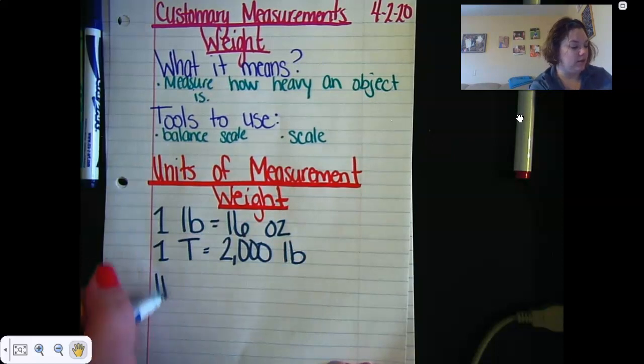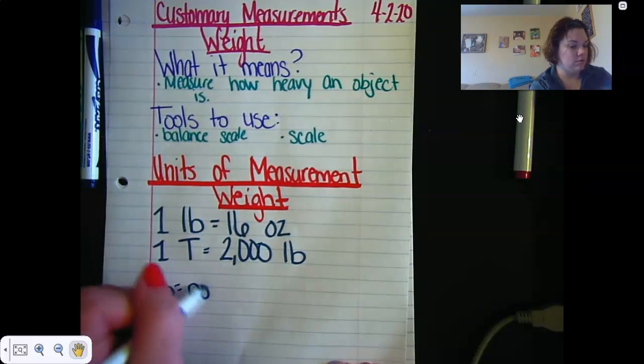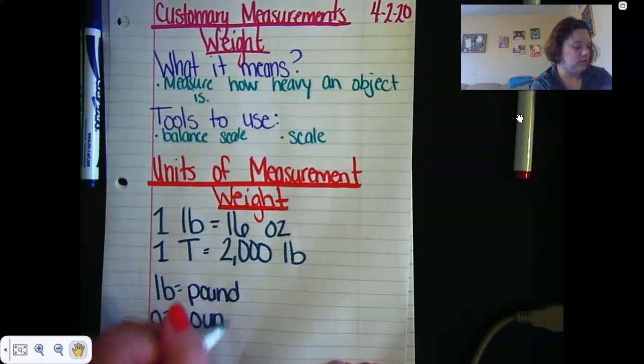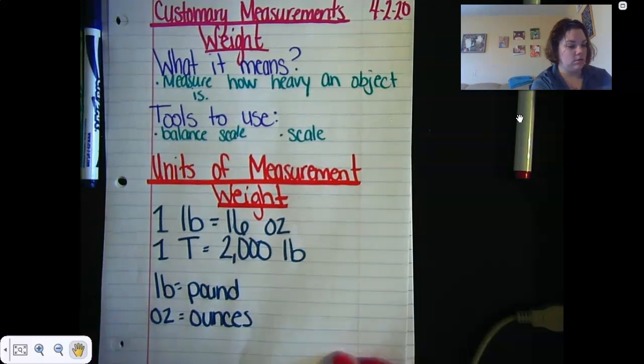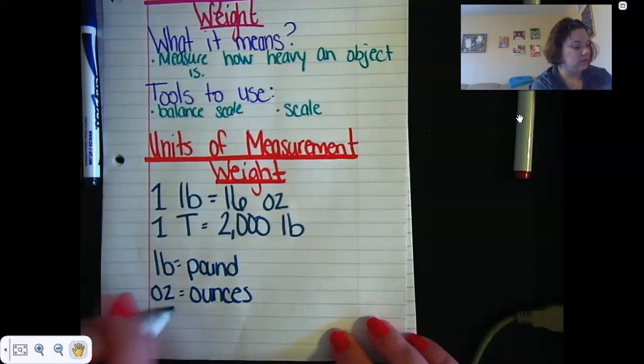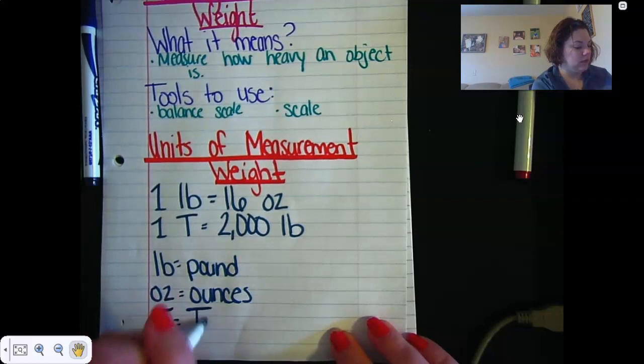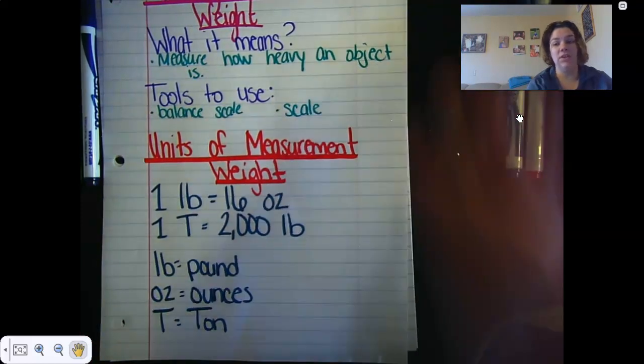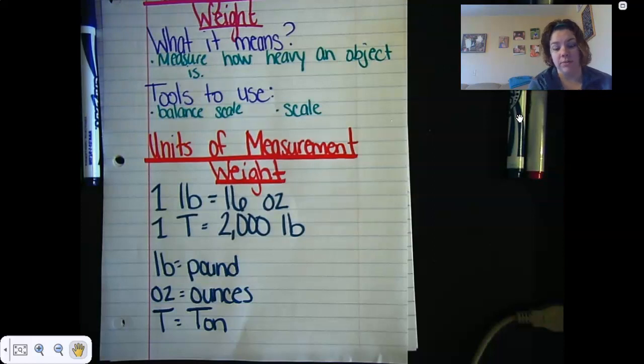So our LB equals pound, OZ equals ounces, and our capital T equals ton. Guys, and that's all that they use for this one for our units of measurement, okay?